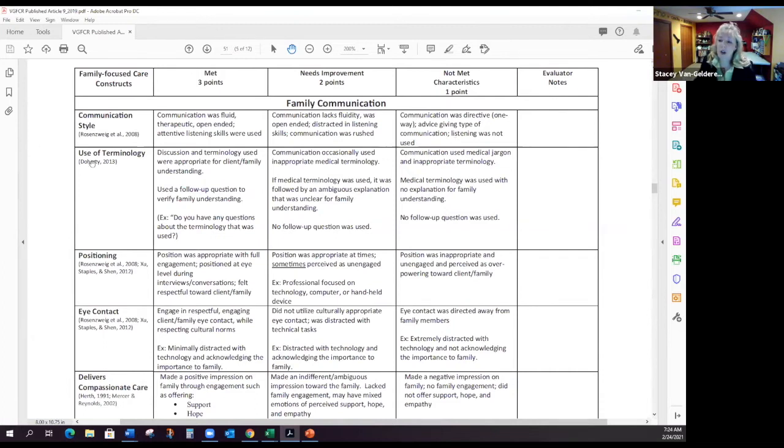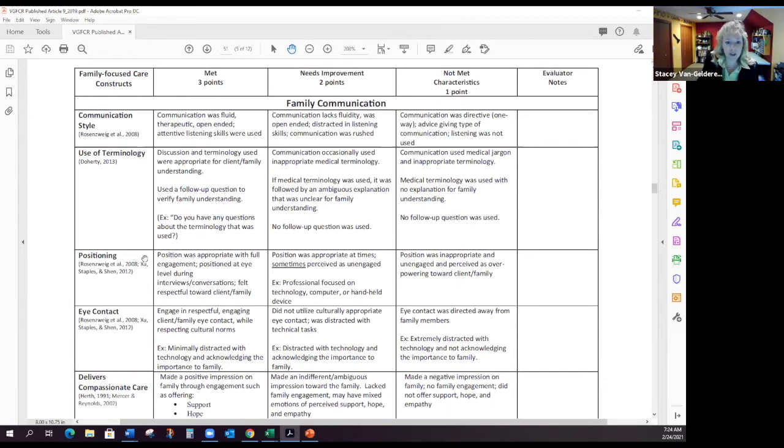The first one is communication style: how fluid and open their communication is with the family and patient. And the use of terminology really needs evaluators and peer reviewers to have a conversation before they start the simulation: how will I give you that feedback so we are consistent? Use of terminology might be, if the nurse said the word void, to me, that's a medical term.